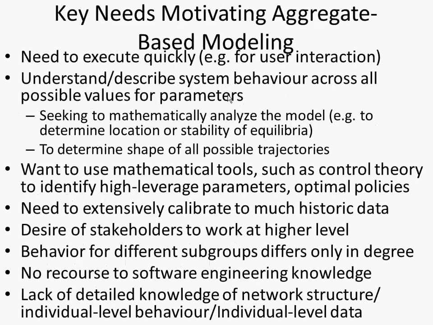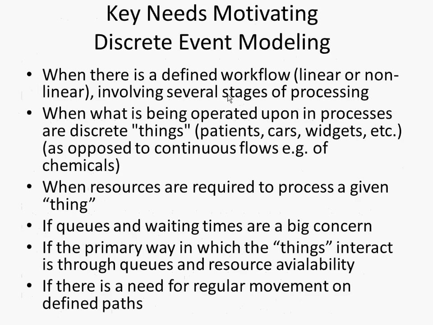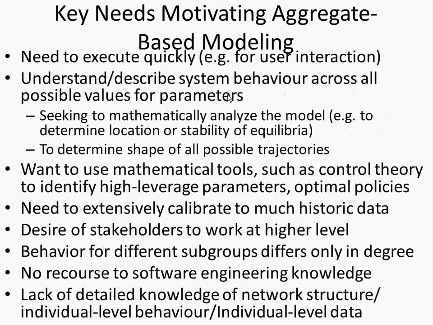To what degree are aggregate representations suitable for my needs? I have some additional comments here on discrete event modeling and clues that might hint as to when that seems most appropriate.